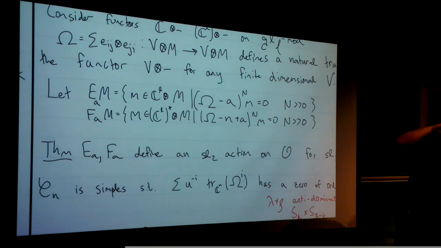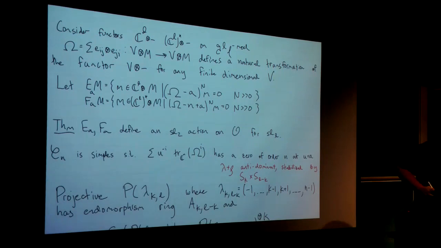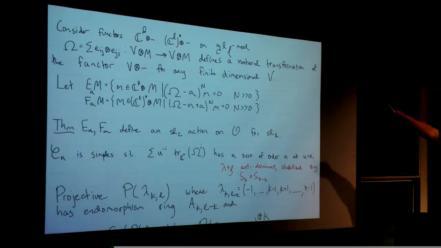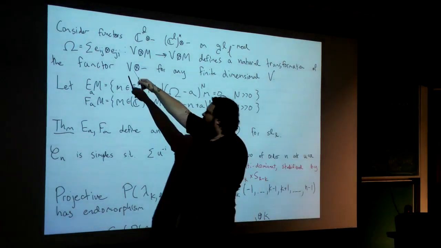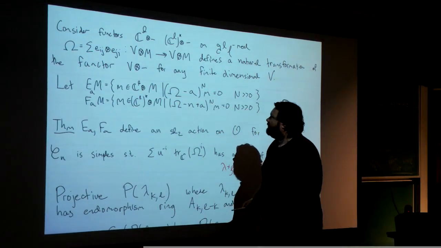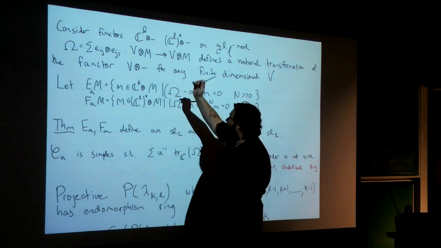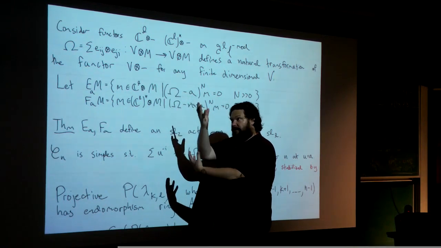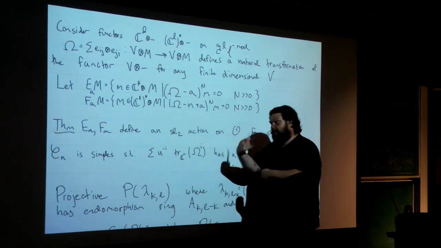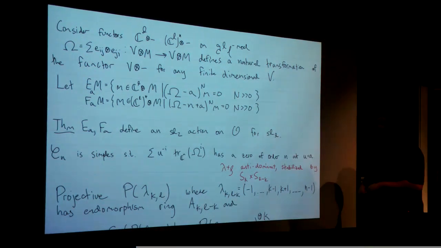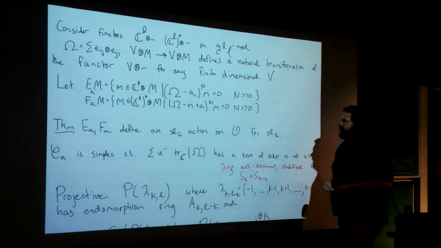So these are translation functors. And I can define a natural transformation from this functor to itself by multiplying by this Casimir. This is an element of the universal enveloping algebra tensor the universal enveloping algebra, and it commutes with the image of the coproduct. So when it acts on the tensor product, it acts by an endomorphism of that tensor. And so it gives me a natural transformation of this functor, tensor with a finite-dimensional module.